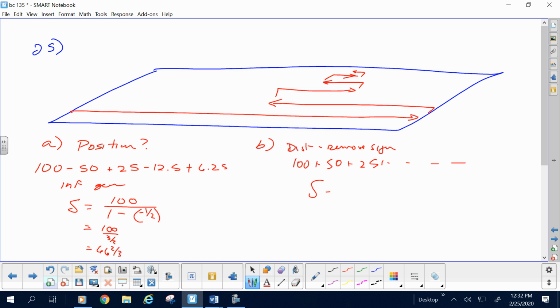It is. A1 is 100, 1 minus, but this time the common ratio is 1/2. 100 over a half is 200. That also makes sense because 150, 175, 187.5, 193, etc. Does that make sense?